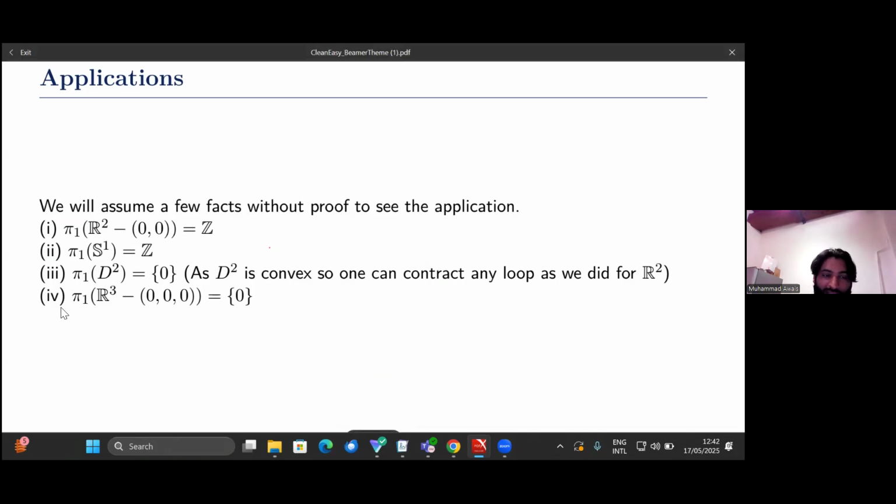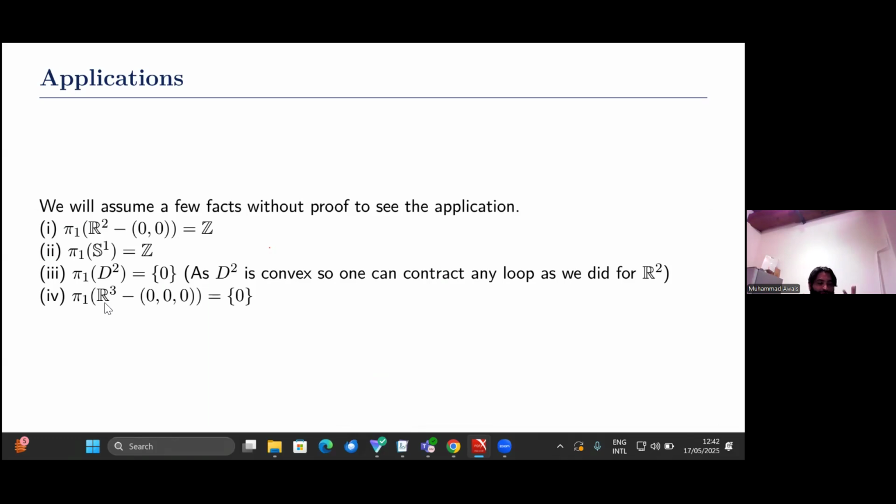And the last thing, the fundamental group of R3 minus 1 point. Let's say you are in 3D space, here I'm sitting, and maybe this point is removed. So I'm in space without that point. Let's say I have a loop here.